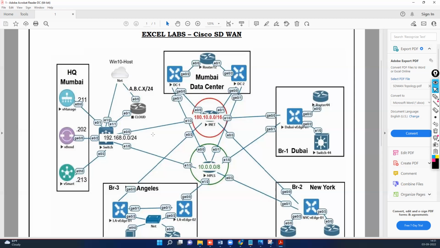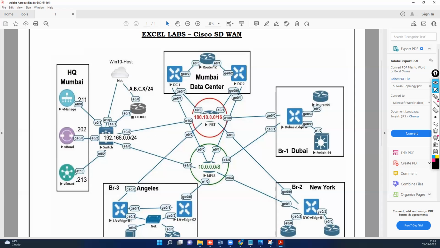I did not do the serial file myself; I paid somebody, and they provided me this serial file. When he provided me the vBond IP, what he put was 192.168.0.202/24. As you can see, this serial file has this particular IP address, and I cannot change it.